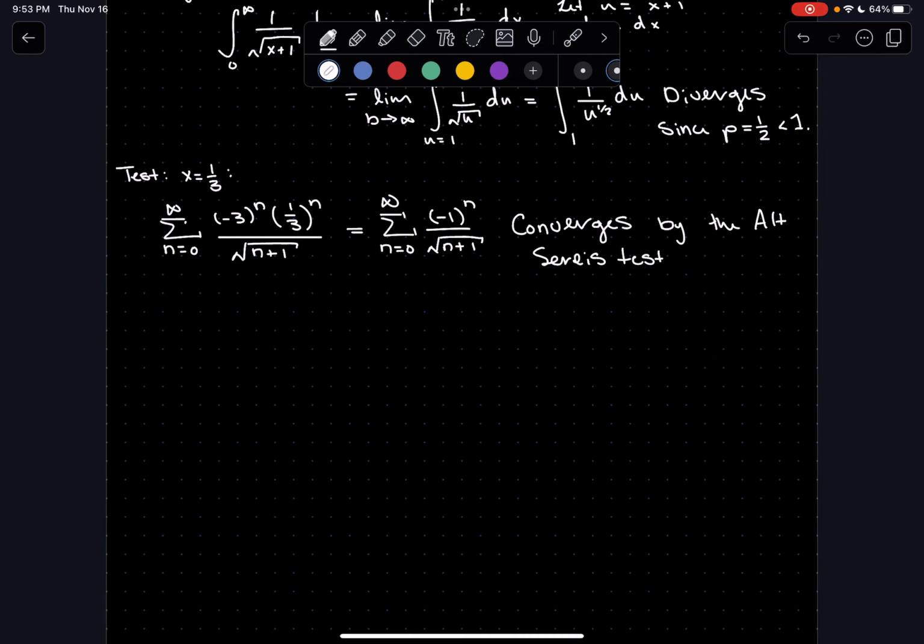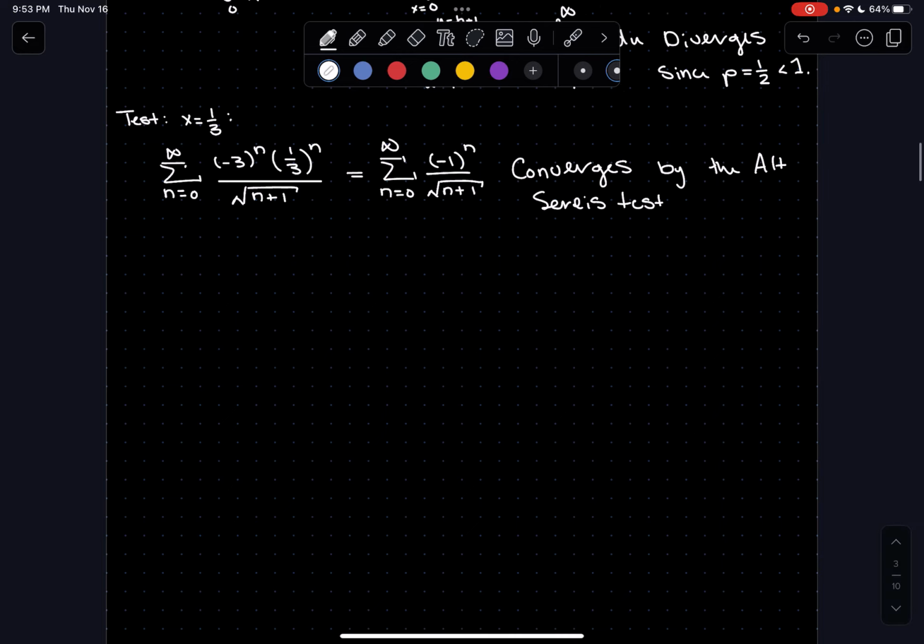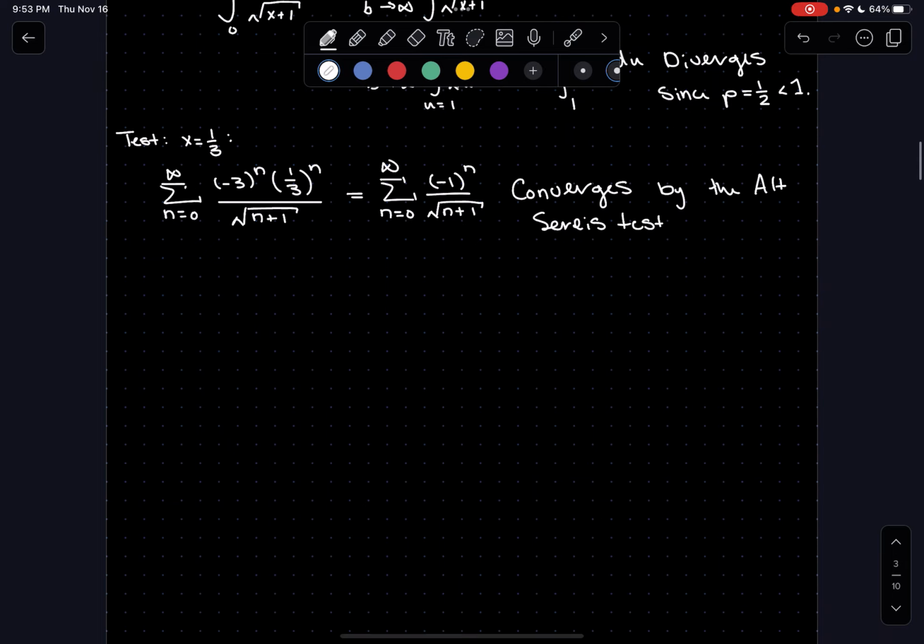As long as it's alternating, it's decreasing, right? The alternating series test says if Bn is decreasing and Bn goes to 0 as n goes to infinity.